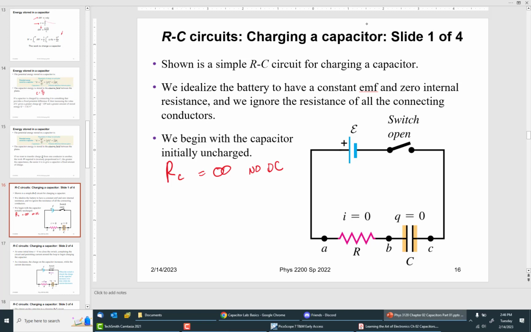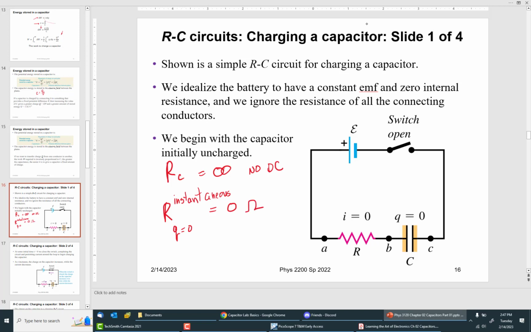However, just as I finished saying, it takes more and more work to put charge in. When a capacitor is uncharged, it needs no effort to put a Q into it. So R instantaneous, and this is also at little q equals 0, is 0 ohms.